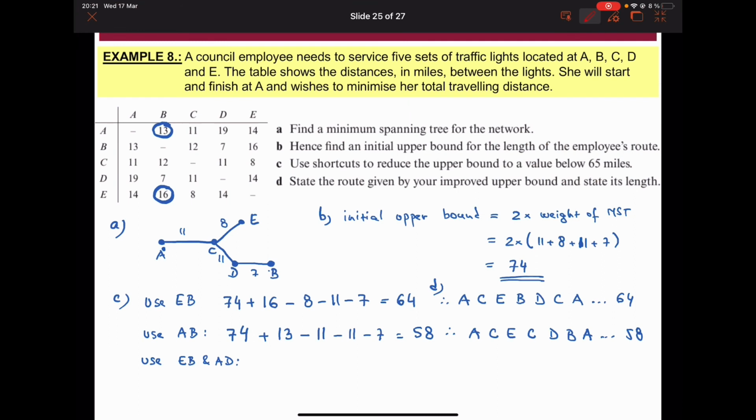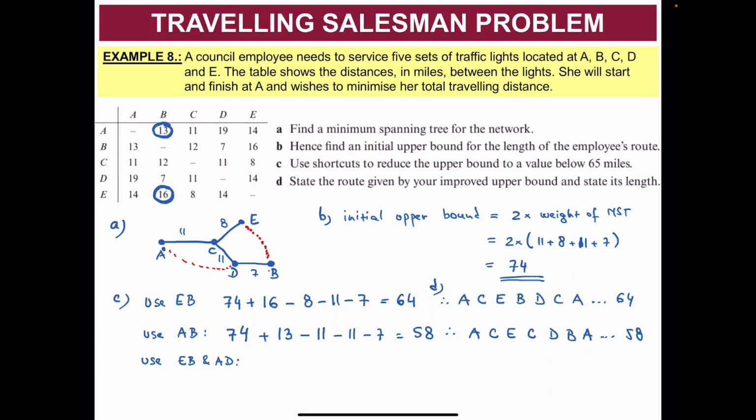So when you have that, let me see, EB, so I'll go EB, and then I can also use AD. And you can double check what would happen. So we have 74 plus 16, this would come from EB, but I would save 8, 11, and 7.